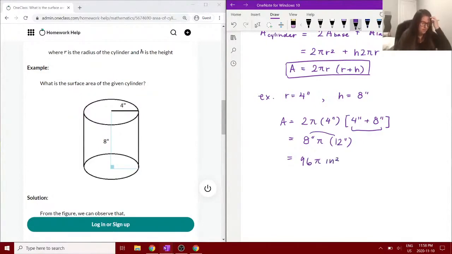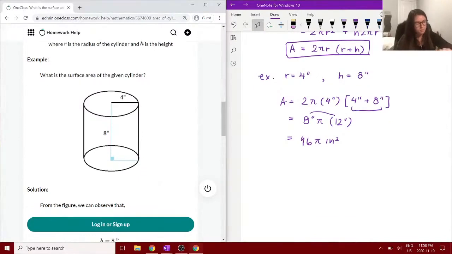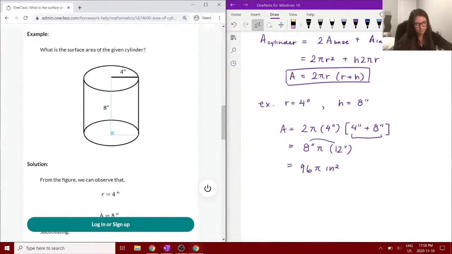Obviously you can multiply the 96 times pi to get an approximate answer, but since pi is non-repeating and infinite, we'll leave it like this for an exact answer. And that's how you would apply the formula we just found.